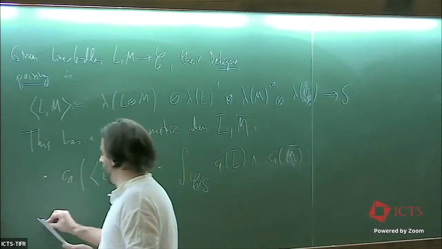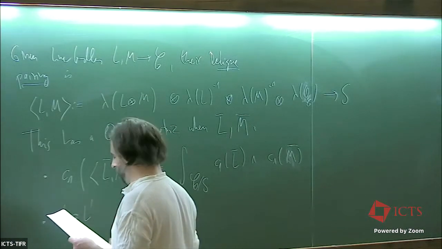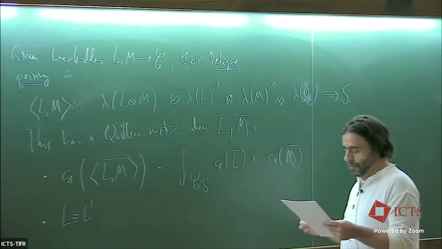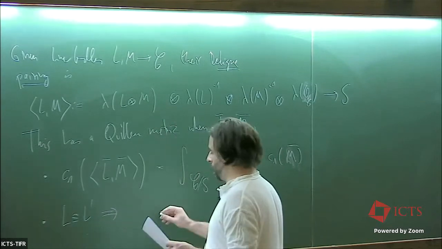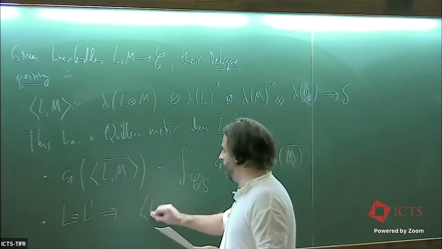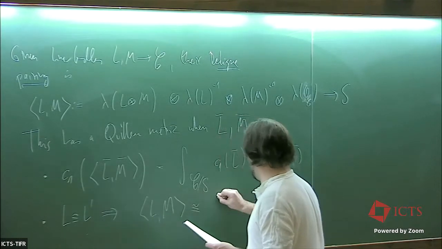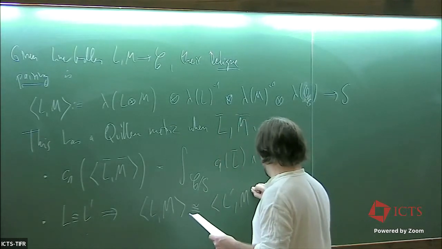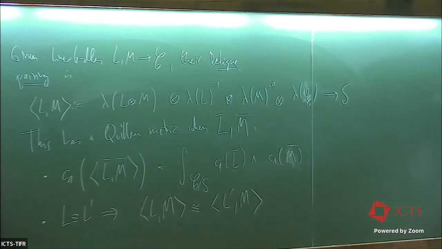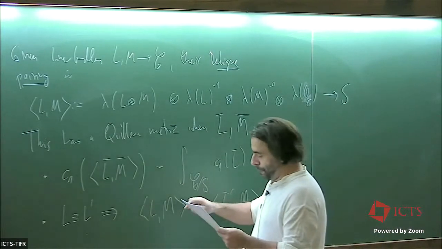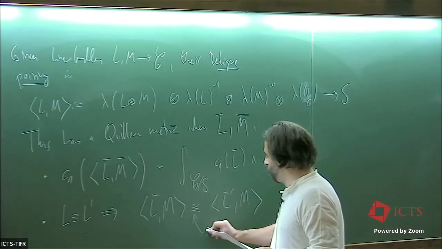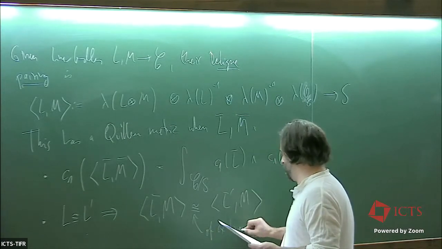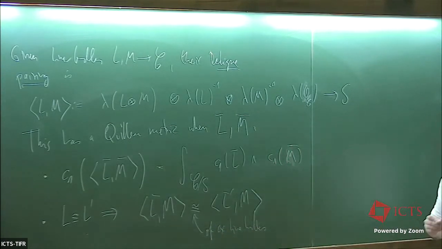Now the property. If you have an isomorphism of complex line bundles, then for every other line bundle, LM is going to be isomorphic to L prime M. So the pairings are isomorphic, but this is an isomorphism of complex line bundles, not of the metrics.